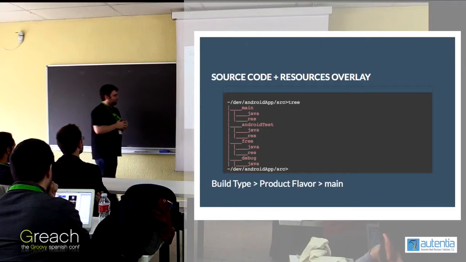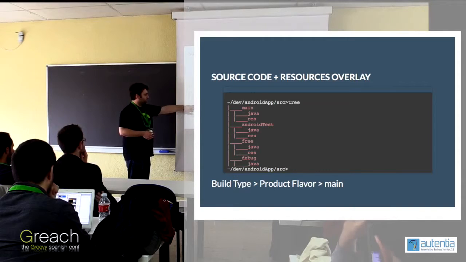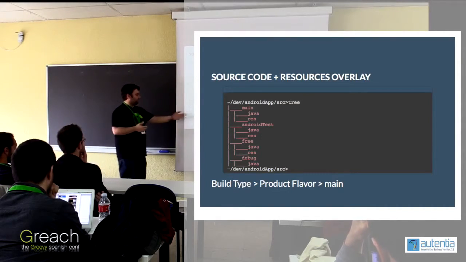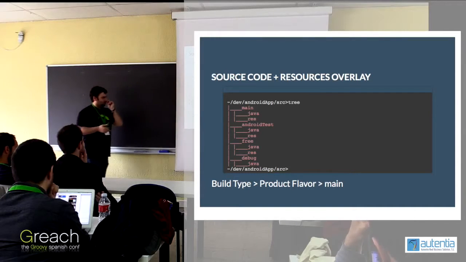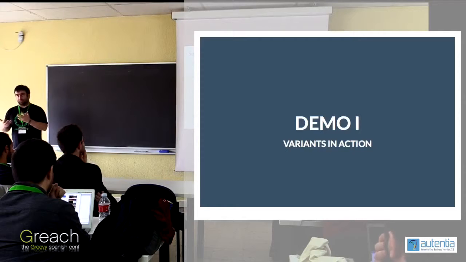And now what you have here is you can have directories named after your product flavor. You can have product flavor specific code in Java or resources in the resource folder, or you have build type specific stuff in a directory for debug, for example, for the debug build type.